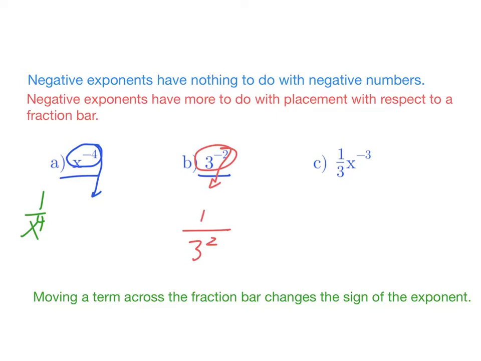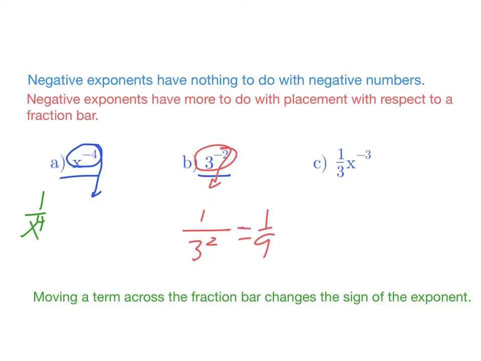Don't put a 0 because then the whole thing's 0. So in this problem, I should keep going, because we can do 3 to the second. We all know what that is. What's 3 to the second? 9. So this is actually 1/9. That's the nuance when the base is an actual number. You're going to have to keep going one more step and figure out what it is. We can't simplify it as a negative. We can simplify it as a positive, and that's all about we got to move it.